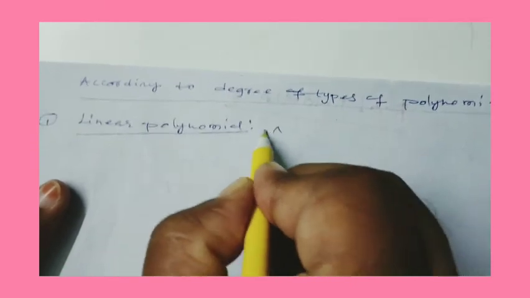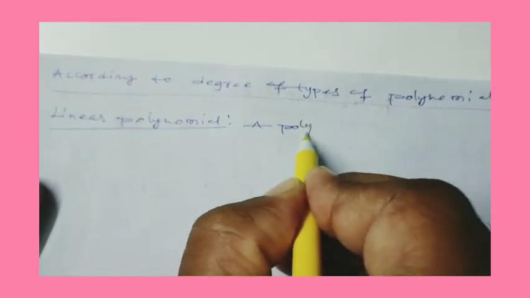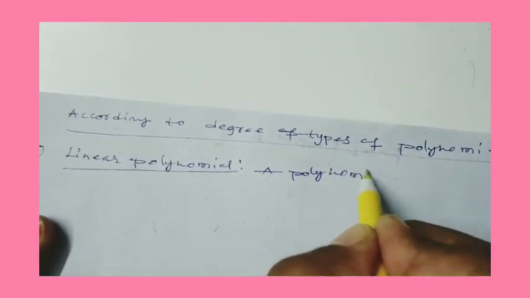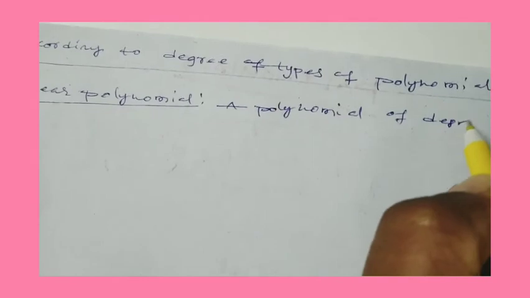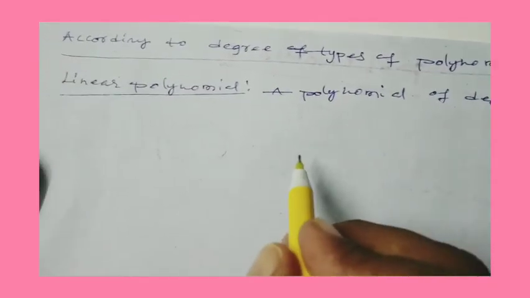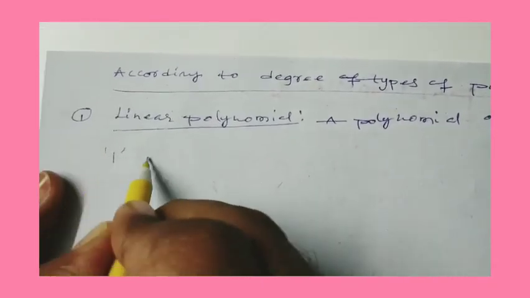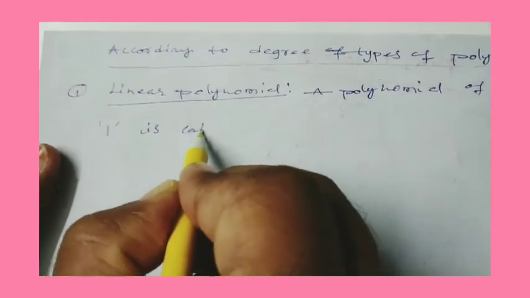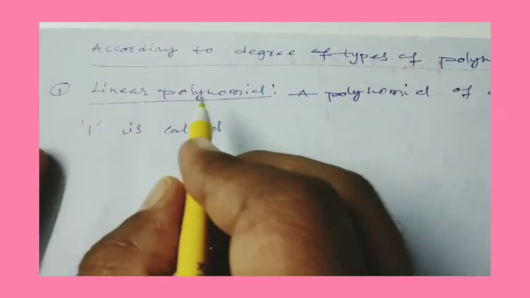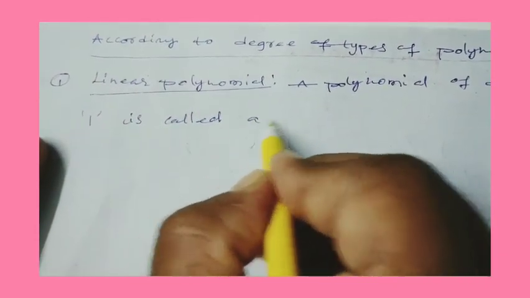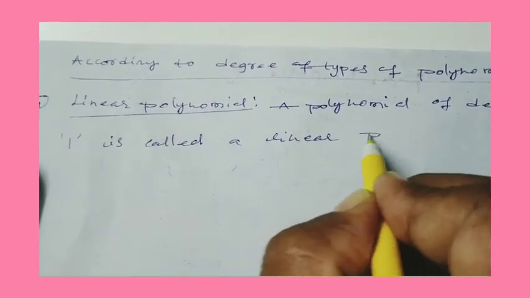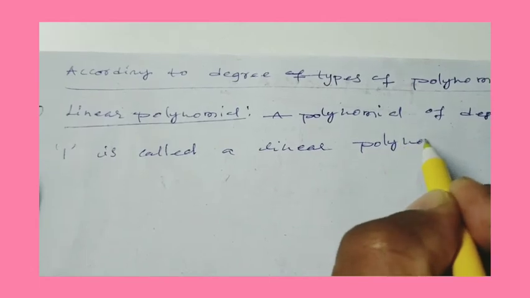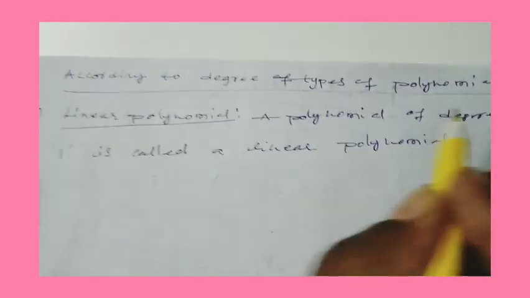A polynomial of degree 1 is called a linear polynomial.